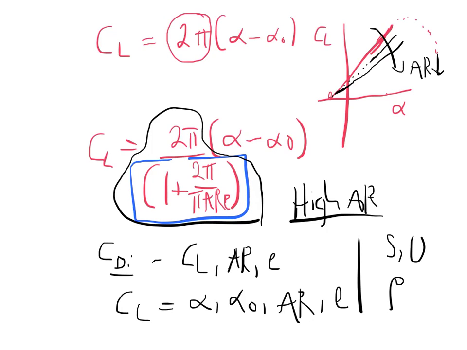And that we can use to convert from CL to L and CD to D, or DI, I guess, the induced drag. We can add that induced drag on to what we've computed from the frictional drag, which we discussed on Thursday, to get the total drag on the wing.